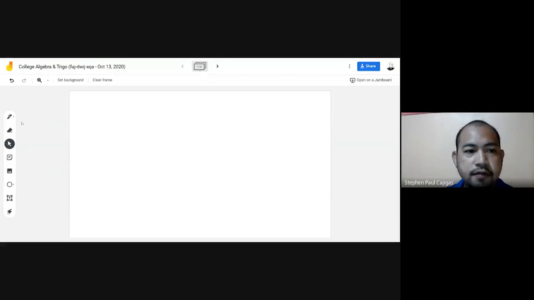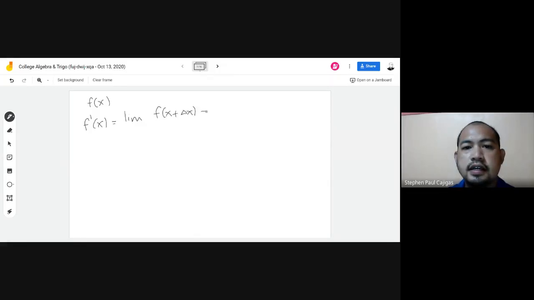So, the definition of a derivative is that if we have a function f of x, then the derivative f prime of x is equal to the limit of f of x plus delta x minus f of x all over delta x as delta x approaches 0.